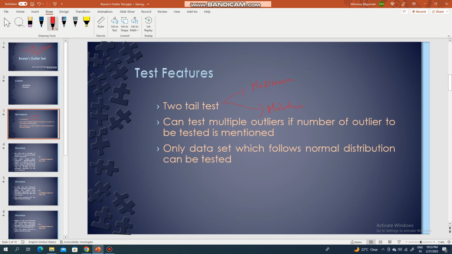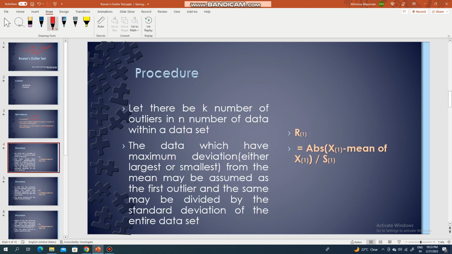At both ends of the data, you can detect outliers, and it can test multiple outliers. Another point to remember is that only a dataset which follows the normal distribution can be tested by Rosner's method.